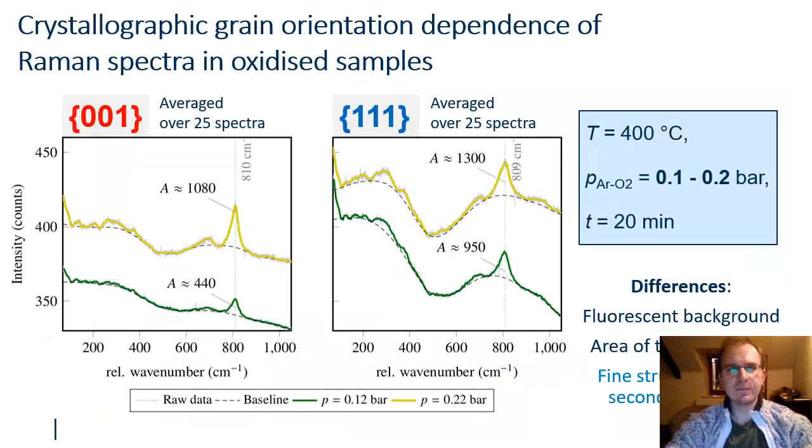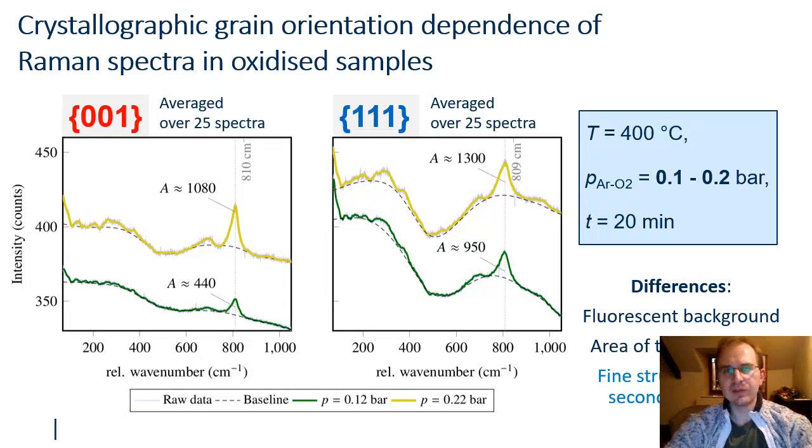We started off by taking Raman spectra from the differently oriented substrate grains, and it was quite evident that for the 001 grains and for the 111 grains, the oxide produced very different Raman spectra.